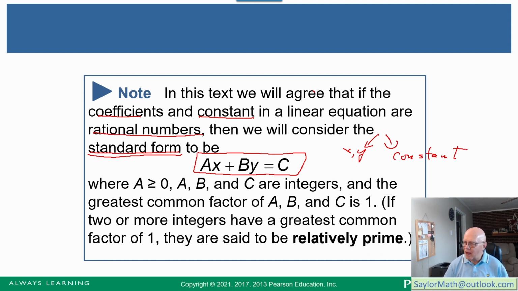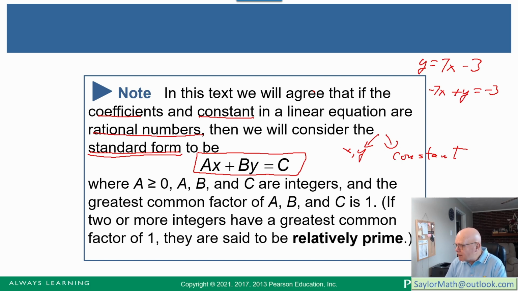So if you do have it as y equals 7x minus 3, that's in slope-intercept form. You want the x and y's to be on the same side. So you can subtract the 7x from both sides. Get -7x plus y equals -3.